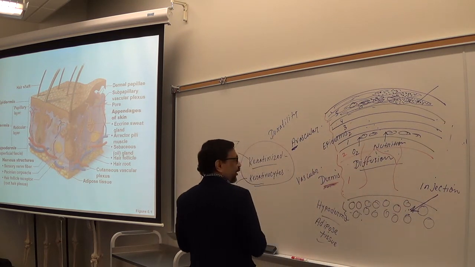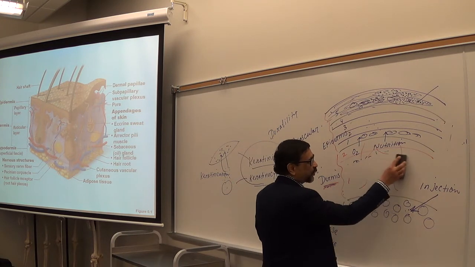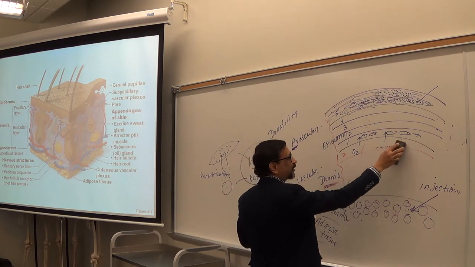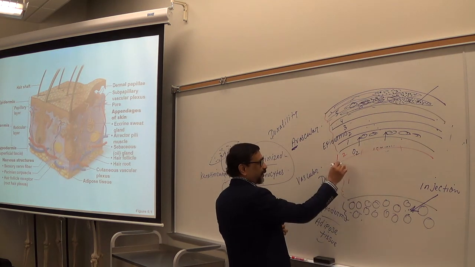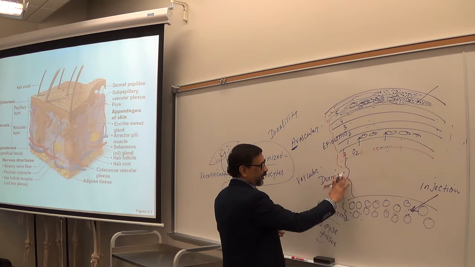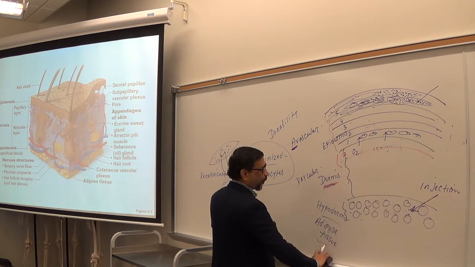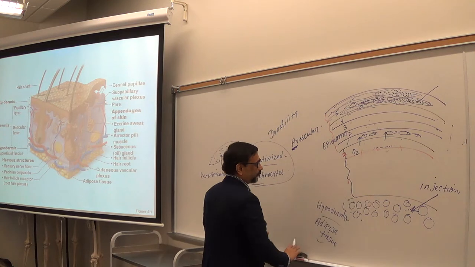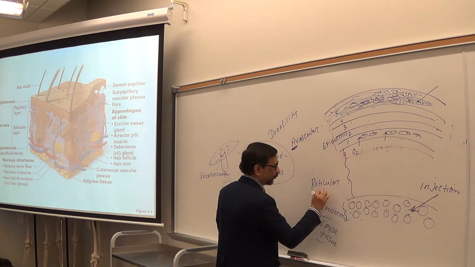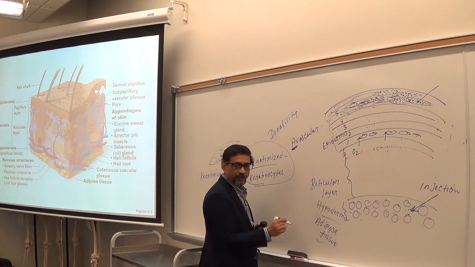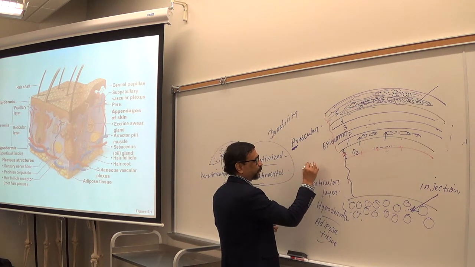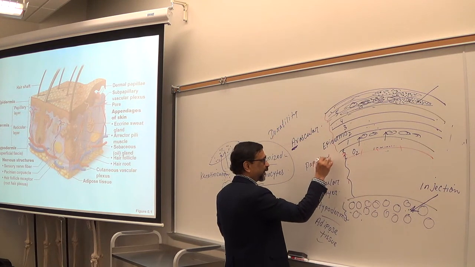If you see the dermis, what are those 2 layers? I told you that dermis has 2 layers, and the inner layer is much thicker than the outer layer. The inner layer is called the reticular layer, and the outer layer is called the papillary layer.